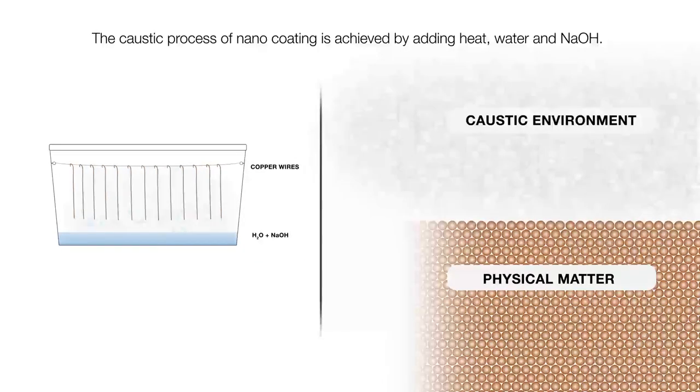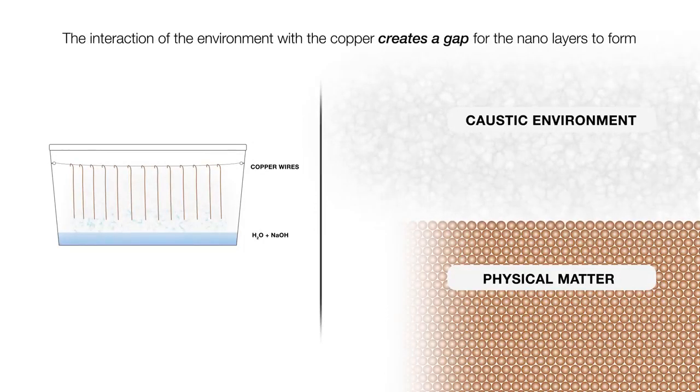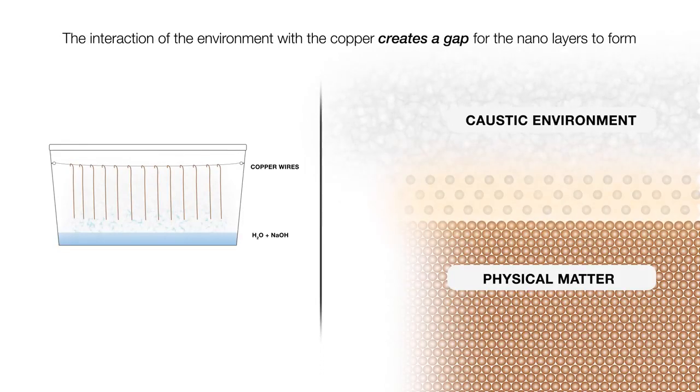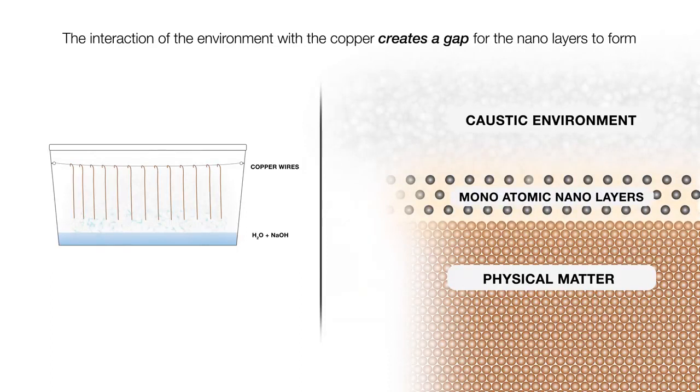The caustic process of nanocoating is achieved by adding heat, water, and sodium hydroxide. Interaction of the environment with the copper creates a gap for the nanolayers to form. So you see the physical piece of copper, and it's in that caustic environment.